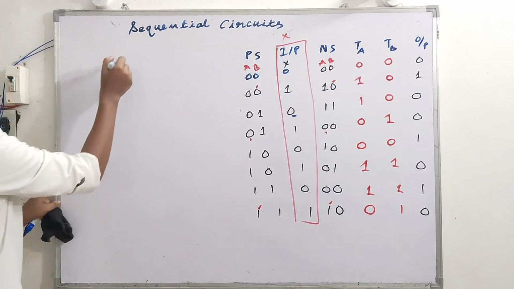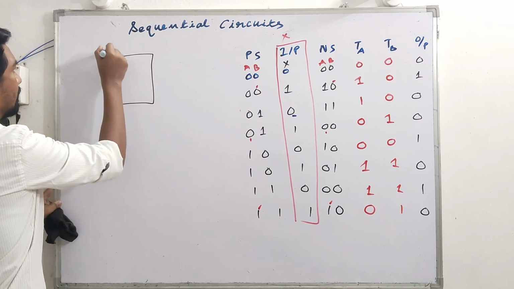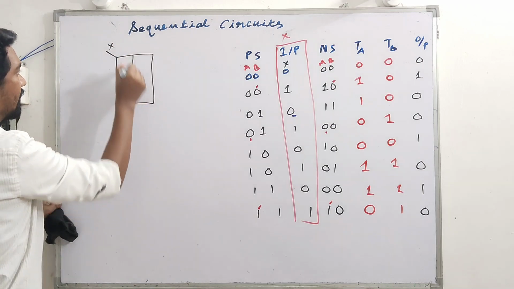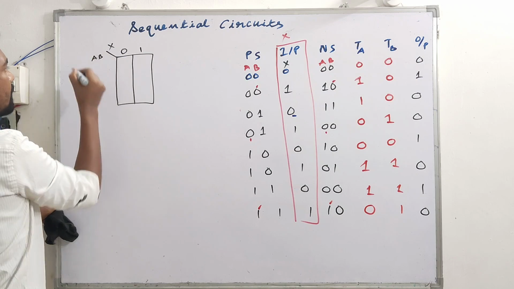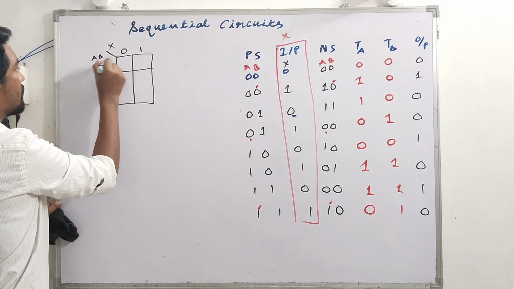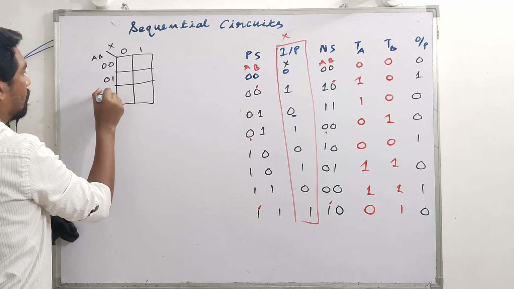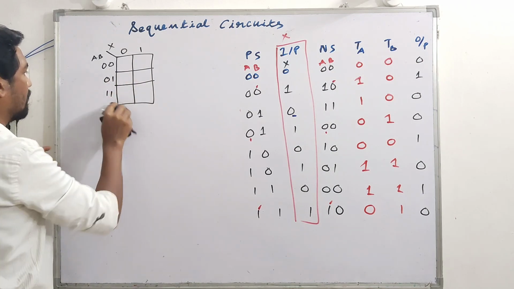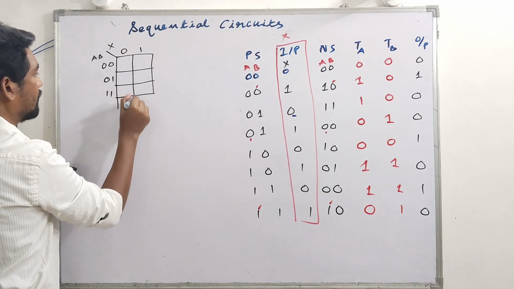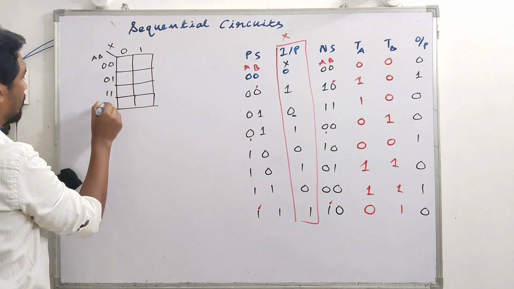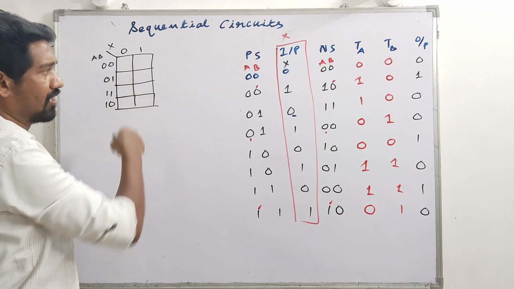So how it is done, making use of a K-map, it's a K-map over here with X over this side, and very well known that it's 0 1, and AB over this side, with 0 0, 0 1, 1 1, 1 0 as the K-map cell positions.